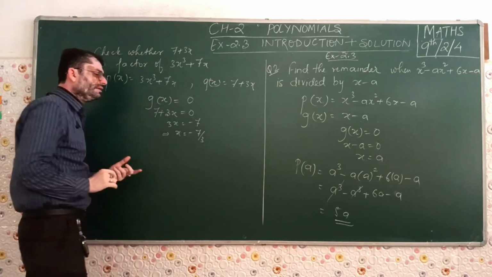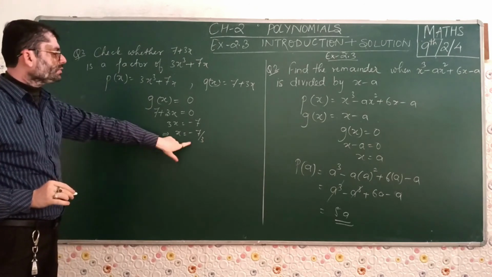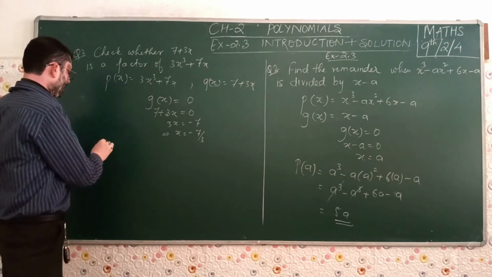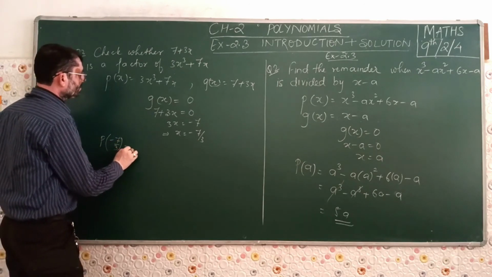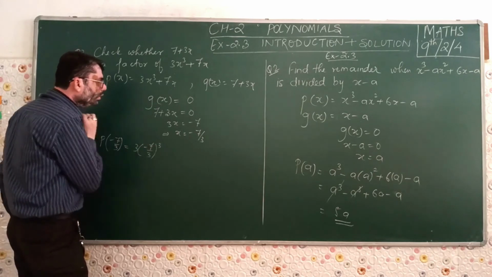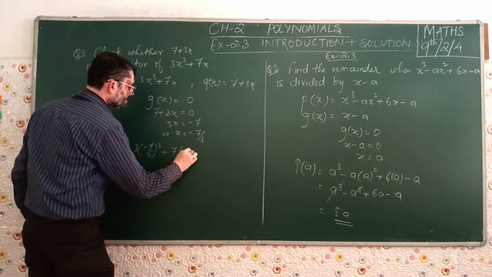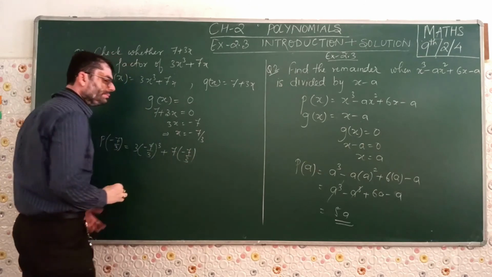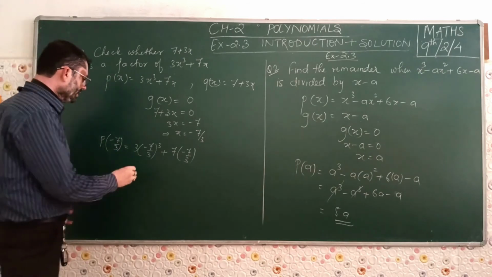So we have obtained the value of x, and let us find the remainder by substituting this value in p of x. So p of minus 7 by 3 equals 3 into minus 7 by 3 whole cubed plus 7 into minus 7 upon 3. Now simplifying, if we get 0, then only it is a factor.